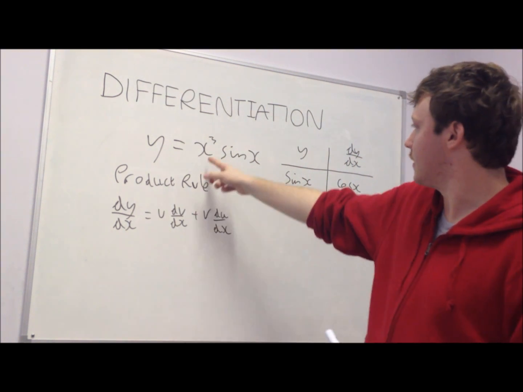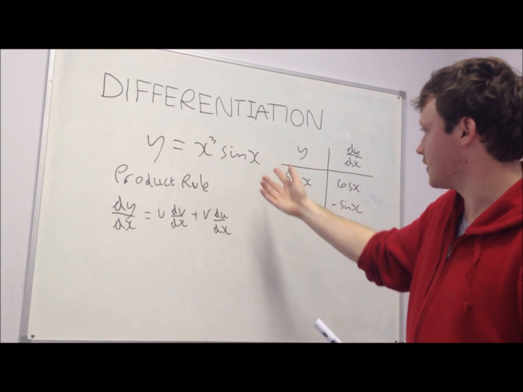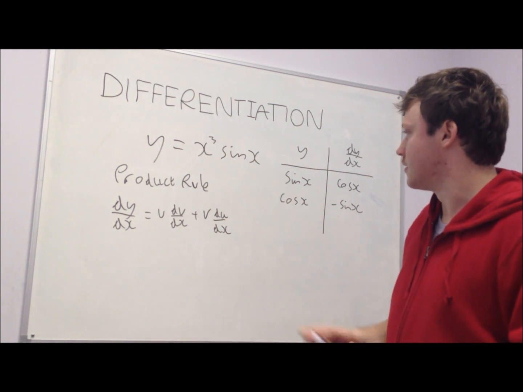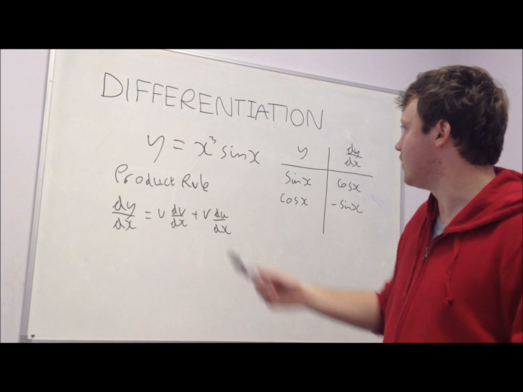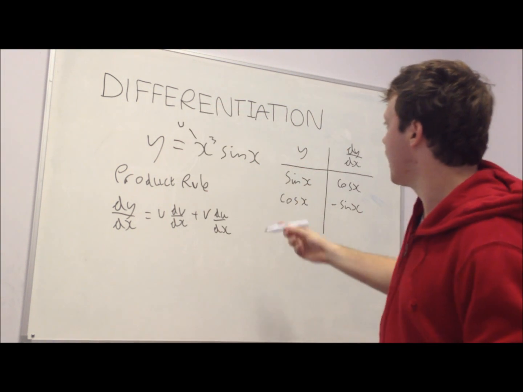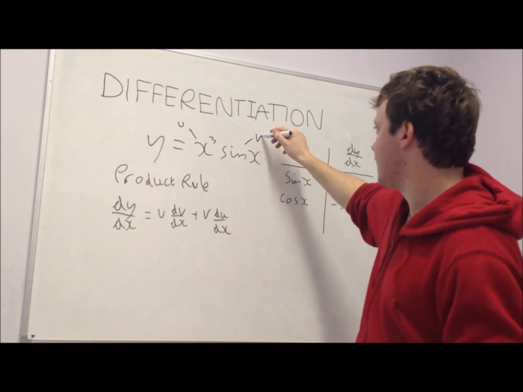Where u is one of these functions, it doesn't matter because this is linear, and v is the other one. So if we say, for argument's sake, u is equal to x to the 3, and sine x is equal to v.